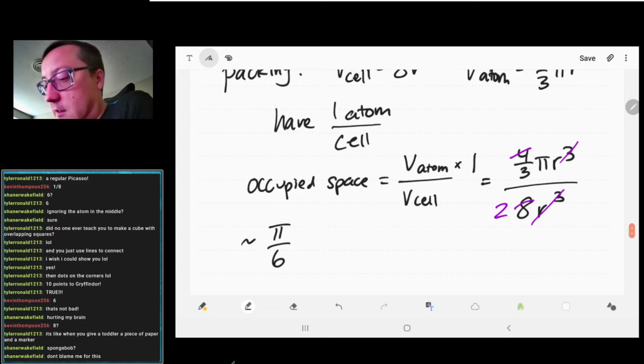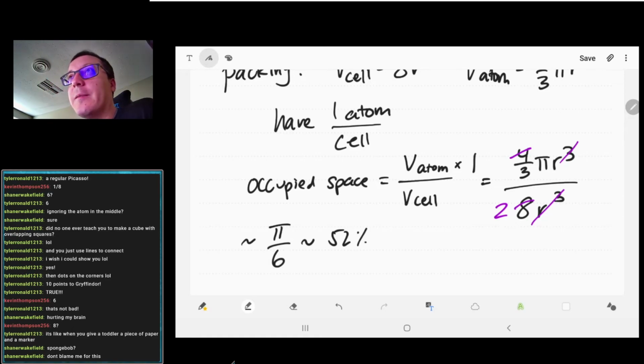If we want to put that in percentage terms, which is about 52%. So a simple cubic cell has a packing amount of 52%. So that means that 48% of the cell is empty space and 52% of the cell is actual atoms.